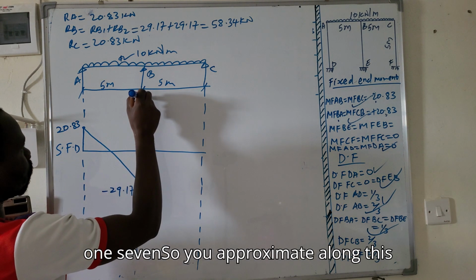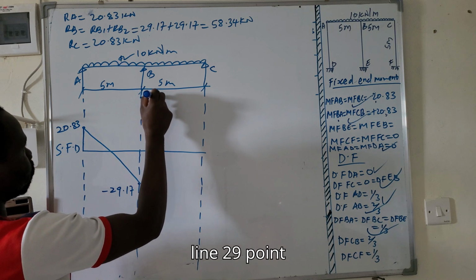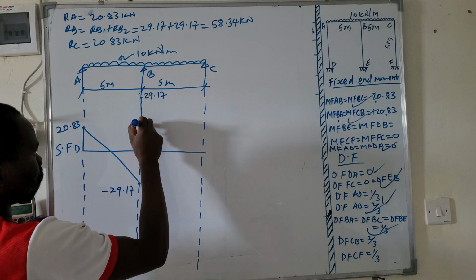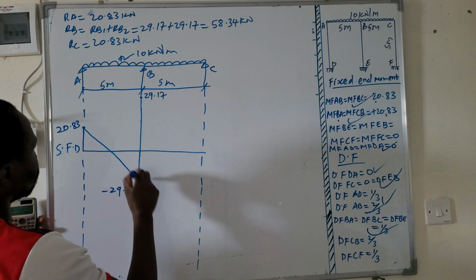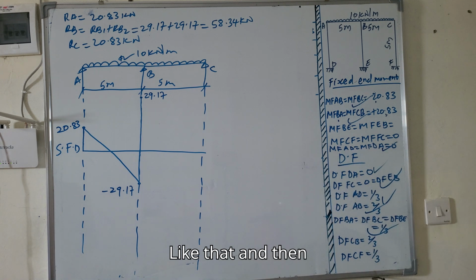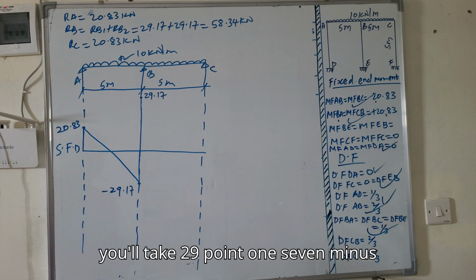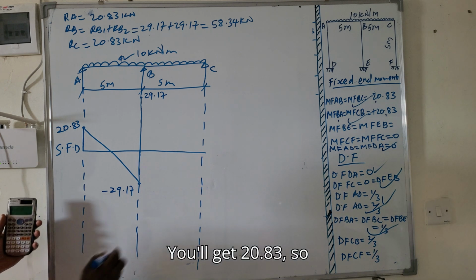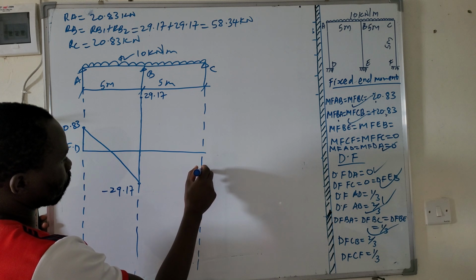So you approximate along this line, 29.17 is positive, like that. And then you come to a UDL, so you'll take 29.17 minus 10 times 5. You'll get 20.83. So somewhere like there.